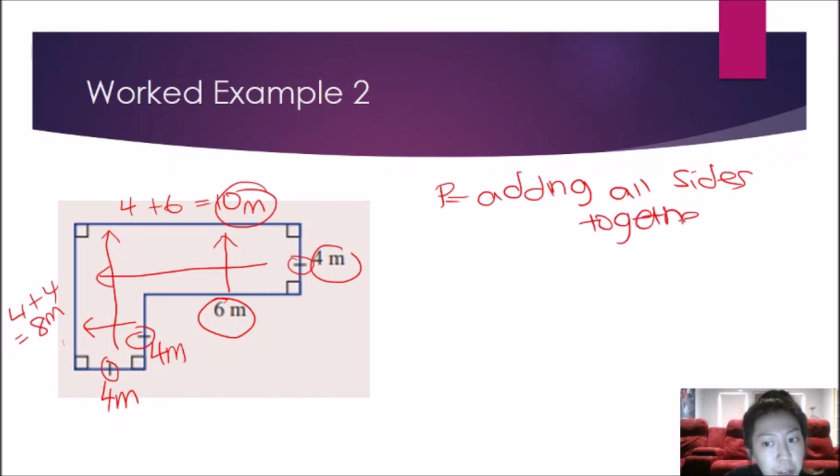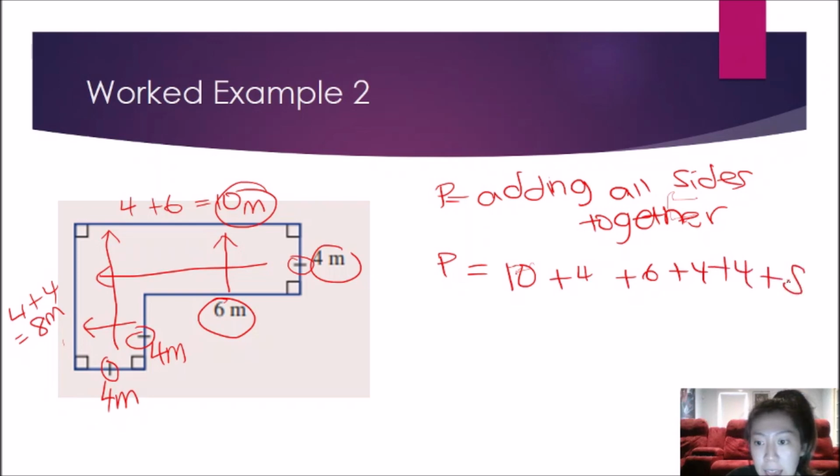So what we need to do is P equals, let's start from the 10 and go clockwise. So 10 plus 4 plus 6 plus 4 plus 4 plus 8. If I was to break it down for you, 14 over here plus these ones, which is 10, plus these ones, which is 12.